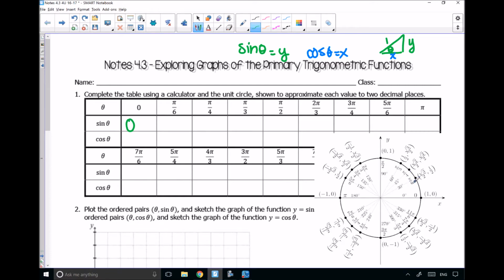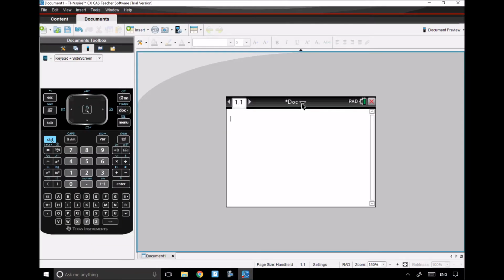When we've got pi over 6, we've got that our sine value is 1/2. So we're going to say that this is 1/2 or 0.5. When we've got pi over 4, we know our sine value is the square root of 2 over 2. So I'm going to figure out what that value is going to be.